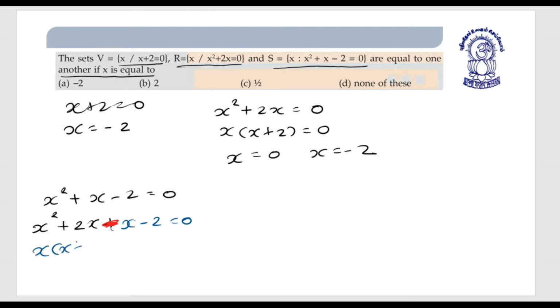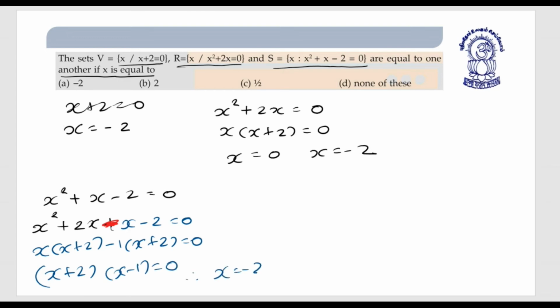So x common, x(x + 2) - 1 common, (x + 2) = 0. So (x + 2)(x - 1) = 0. So x = -2 or x = 1. So -2 is common to all. So option A is the right answer. They are equal to one another if x is equal to -2.